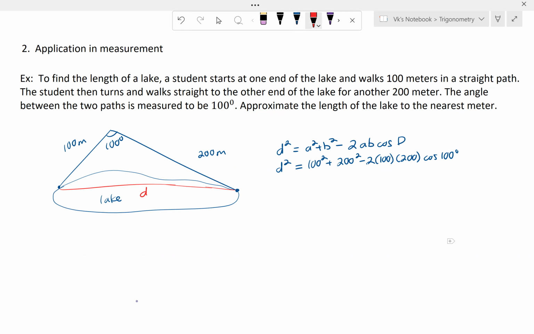And thus, to find D, you just have to take the square root of both sides. Put this in the calculator, and D is approximately 239 meters. Pretty cool.